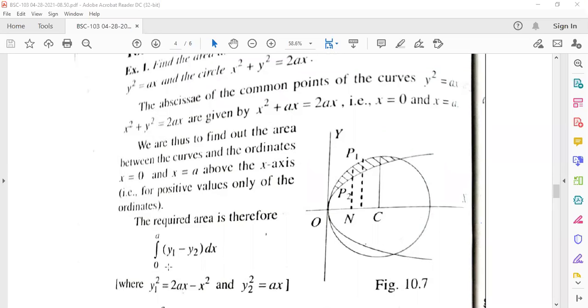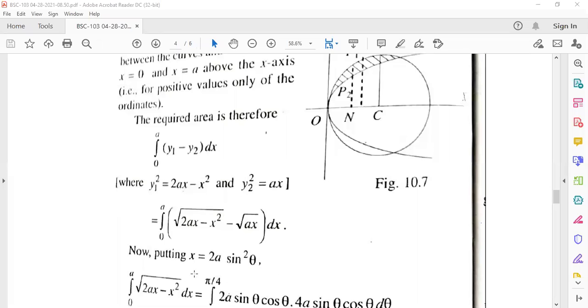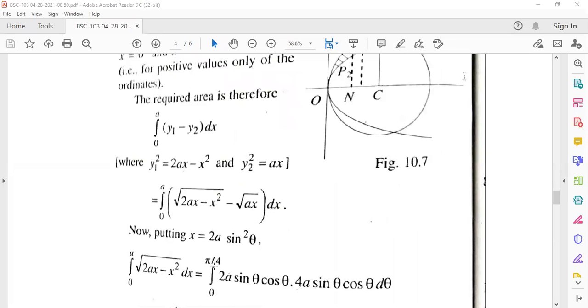That is y1 minus y2, where y1 square equal to 2x minus x square and y2 square equal to x. It is the integral from 0 to a of root over 2x minus x square minus this. We are just putting the values of y1 and y2. Now putting x equal to 2a sin square theta, the limit will also be changed into 0 to pi by 4. Look at here when we put this one.